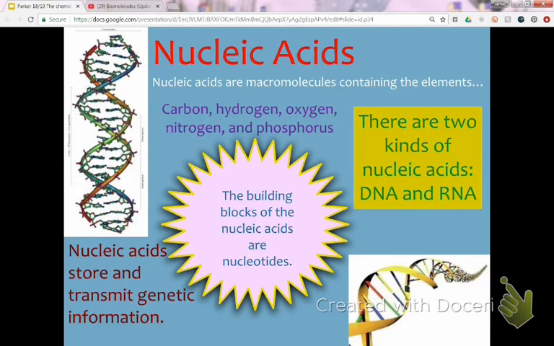That is the most important part of nucleic acids, that they are in charge of all of your genetic information. Good?